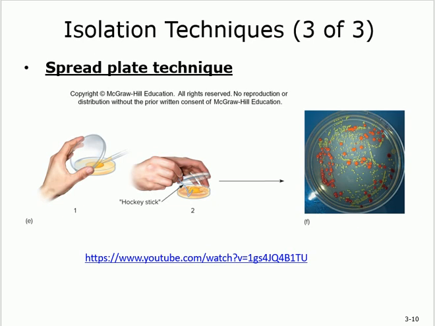Here is the plate, and this is the sample. You're going to take the sample and you're using this. It's called the hockey head tool. Put in alcohol, sterilize, re-sterilize, and then you're going to spread using it just like this.